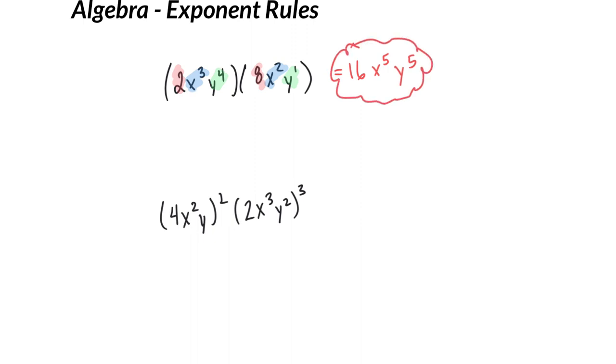Now, down in this next example, I have some powers. Deal with that first. We would rather deal with a problem like this one without powers to powers. So I'm going to start by getting rid of those power to power things. Now again, numbers behave as they always would.